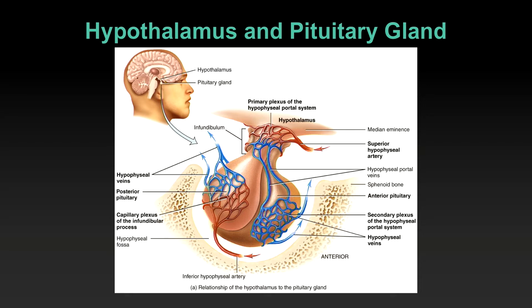So just following the flow of blood, you can see arterial blood coming in here in the superior plexus. It perfuses the entire plexus, picks up anything produced at the hypothalamus, and travels immediately inferiorly and does the same thing at the pituitary gland. There's no escape.